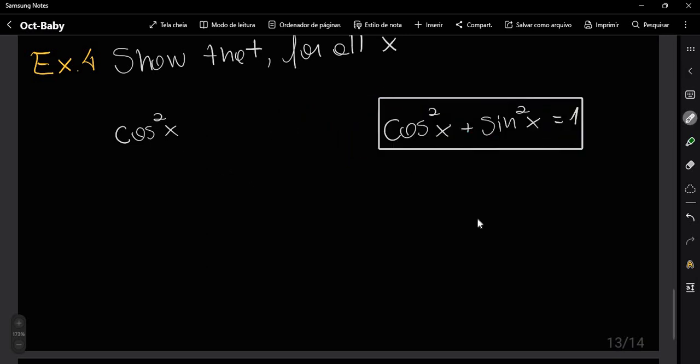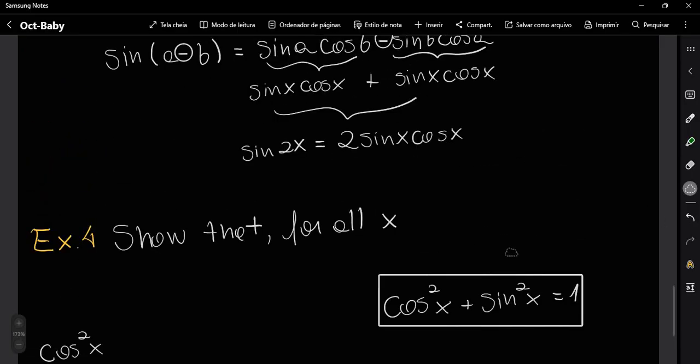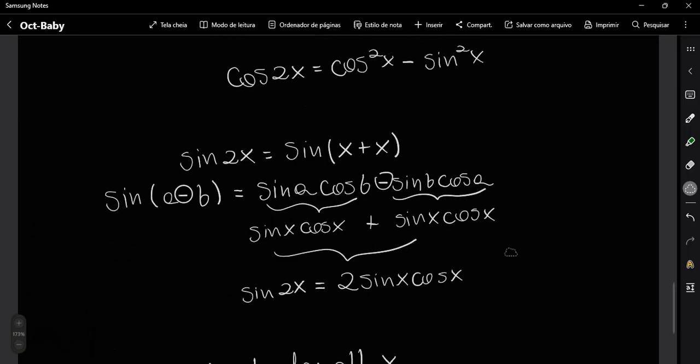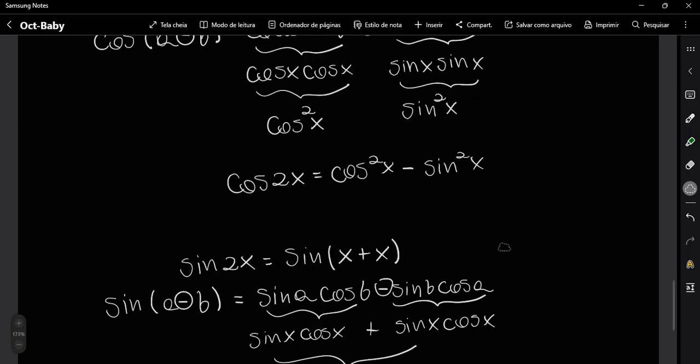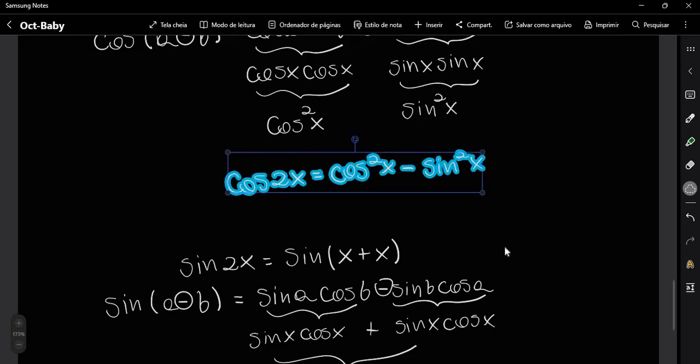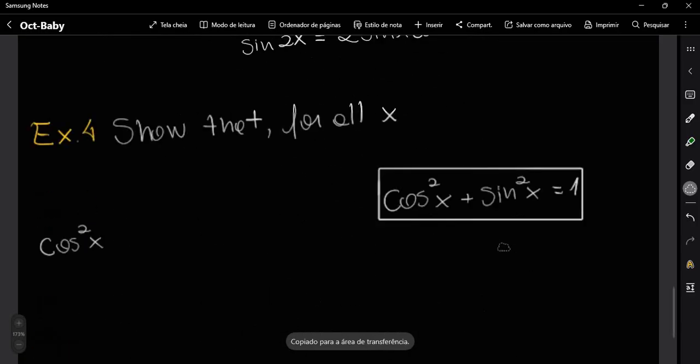And from here we can, well, first let's do something right here. We saw right here that cosine of 2x is equal to cosine square of x minus sine square of x.